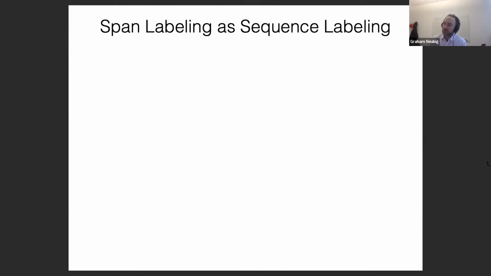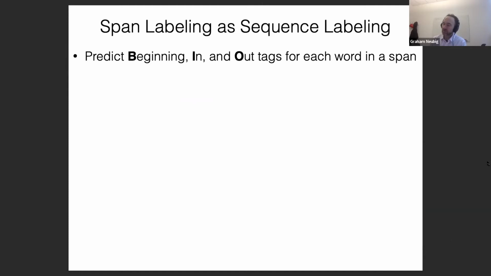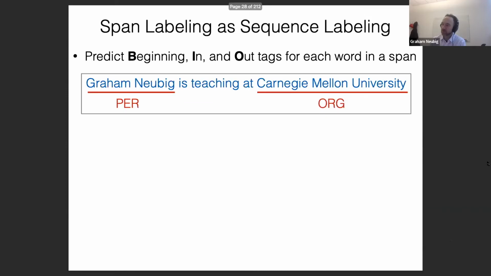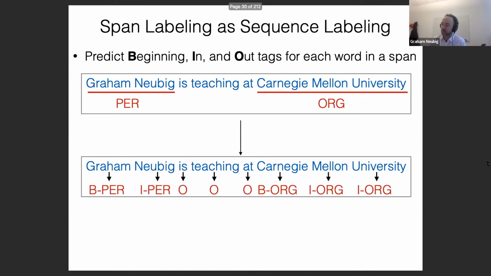So span labeling can also be treated as a sequence labeling task. You predict the beginning, in, and out tags, BIO tags, for each word in the span. If we take our span labeling task like this, where we want to identify a person or organization, we convert this into a thing where we have one tag for each word.